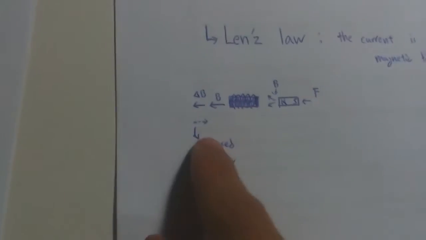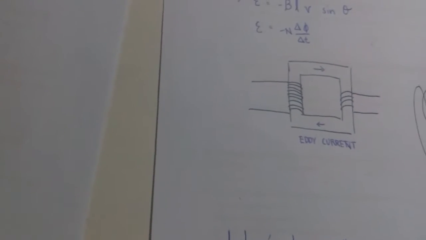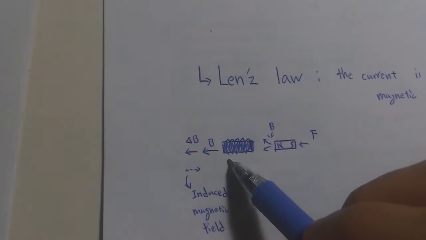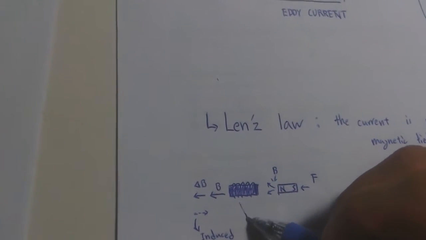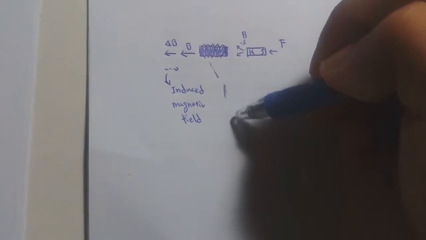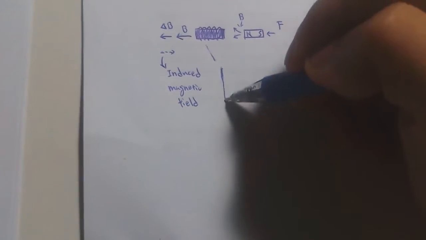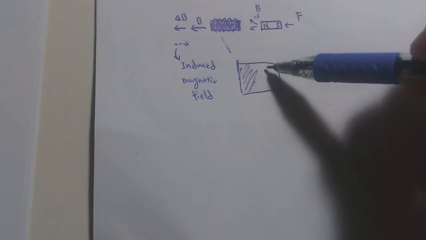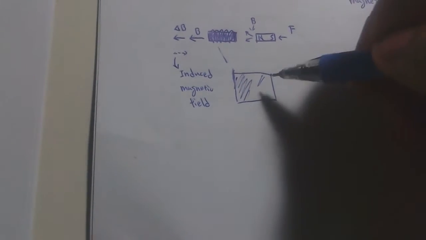When the induced magnetic field is inside the solenoid, then we take it this way, so the current is going down. In this wire, we're going to zoom in. So we have the iron core, and then we have the wire.